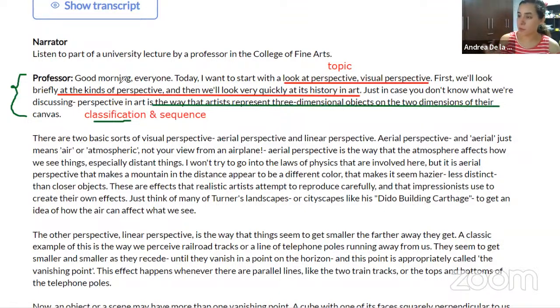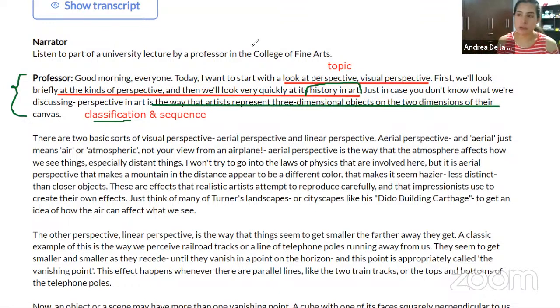So what is the first type? How is it defined? What is the example for the first type? So you're looking for that specific information, and that's going to make it easier for you to understand and follow and take notes and everything. And then you know that it's history in art, so you can already expect what to hear. Maybe the origins of perspective. Who first defined perspective?